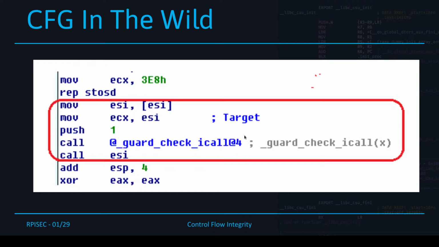So we're going to be passing in an address as an argument to this function. We verify that address, and then we call that address. And if that address is invalid, then this function is just going to panic. It's just going to kill the program. It's just going to crash.